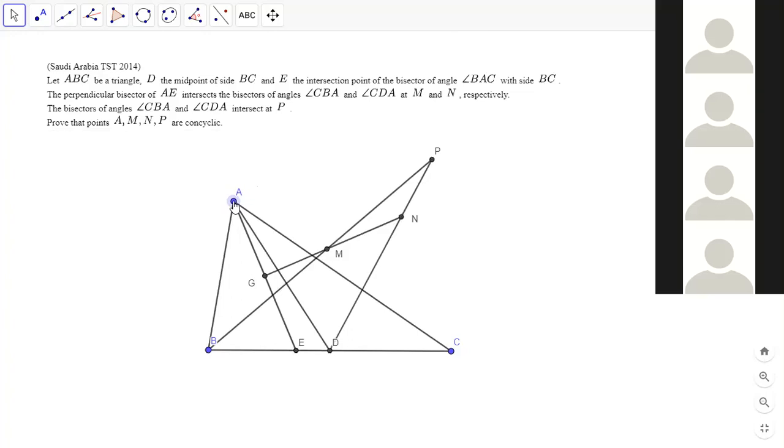So yeah, we use power of a point. I wonder if there's anything special about the center of that circle.